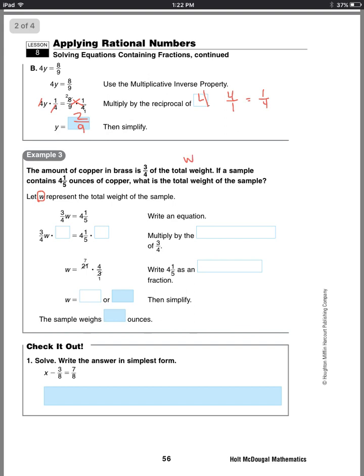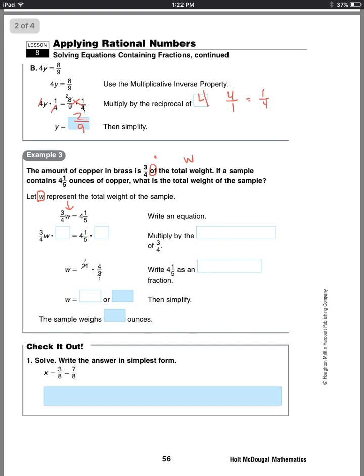So this would be W, and of means multiplication. So that's where they got 3/4 W, the coefficient multiplied by the variable. That's where they got the equals 4 1/5. So whatever we put in for the weight, when we multiply it by 3/4, we should get 4 1/5.